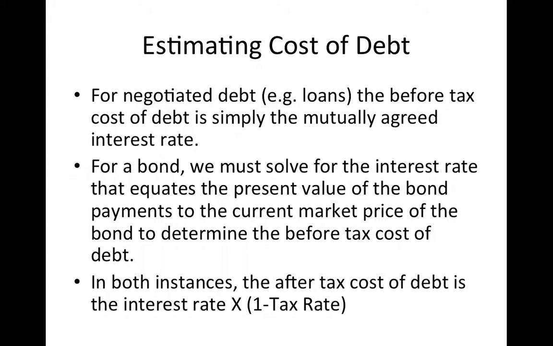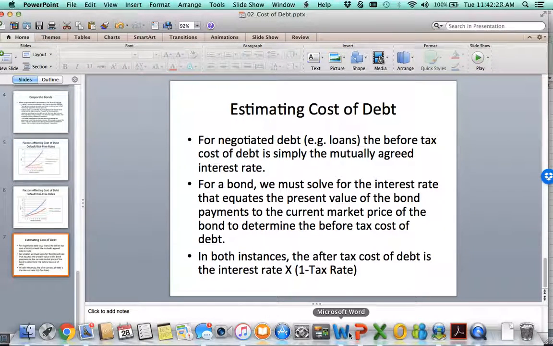The future payments on the bond are the coupon payments and the maturity payment that are specified in your contract or your piece of paper, right? And you have to solve for what interest rate equates those future payments back to that present value. So what discount rate would you discount those future payments back in order to get to that same present value? And I'm going to give you a quick example of that.